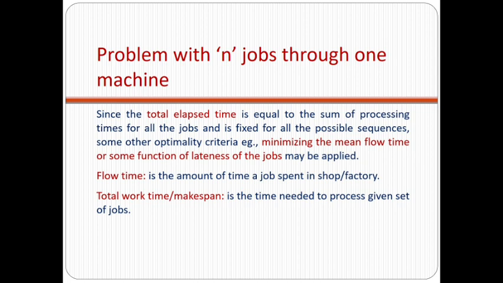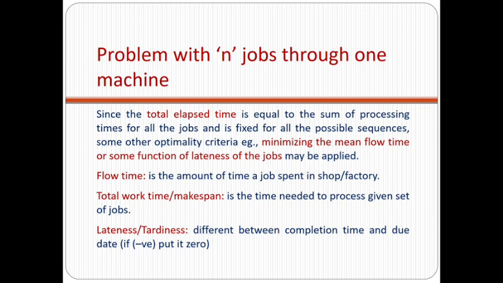Next one is lateness or tardiness. That is, which is the difference between the completion time and the due date. And we have to put 0 if there is a negative value for this difference. These are the terminologies used in this first model of the sequencing problem.